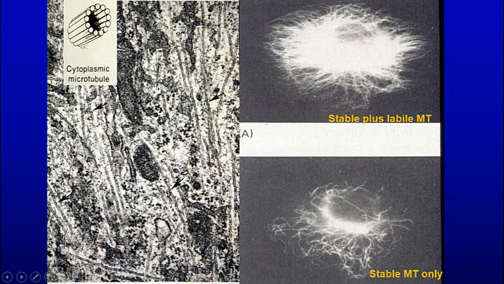You can see these long projections, and this is to show you the stable and labile microtubules. There's a nucleus here. There's the limits of the cell, and this one just shows you the stable ones. So certain ones are stable because they have MAPs, or microtubule-associated proteins, with them, but the labile ones are ones that are breaking down and building up to perform the functions of the cell.